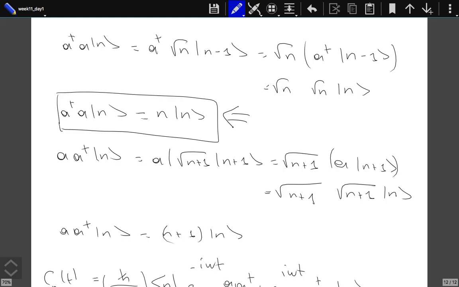In solid state physics, for example, we call these particles phonons. They are nothing but the oscillations of the atoms in the crystal. So A dagger A basically counts how many energy packages we have, or in different words, A dagger A tells us how many phonons we have in our system. So it's the number of phonons. This is the reason why we call it the number operator.